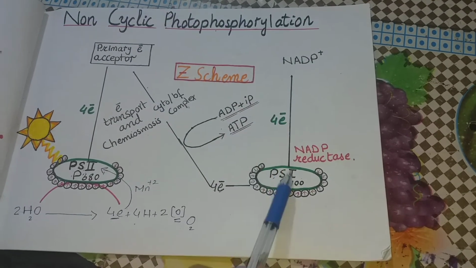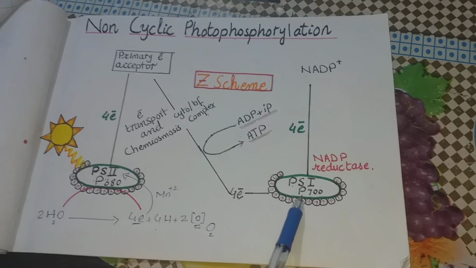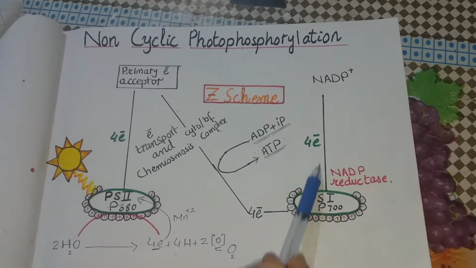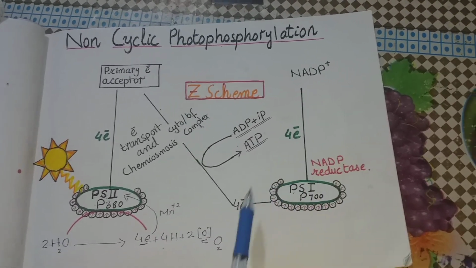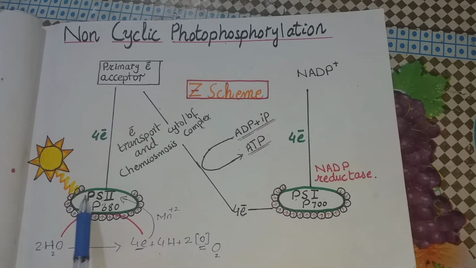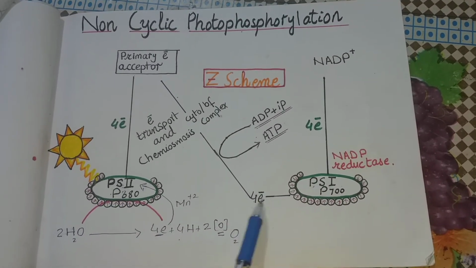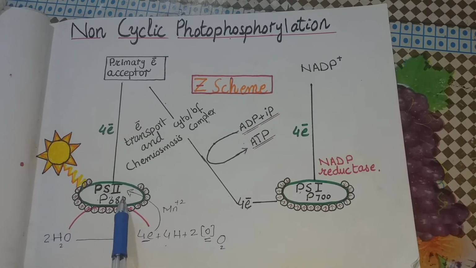So as a result, 4 electrons from PS1 will leave the P700 and come out of it and become excited. So these 4 electrons, which are basically electrons of PS2, cannot go back. They are here. There is no space for them.